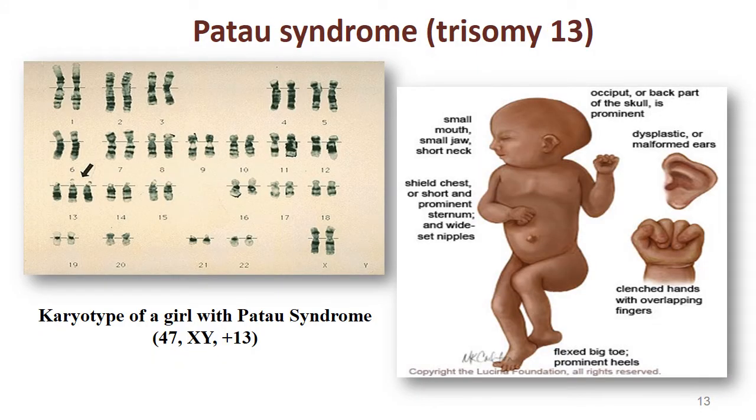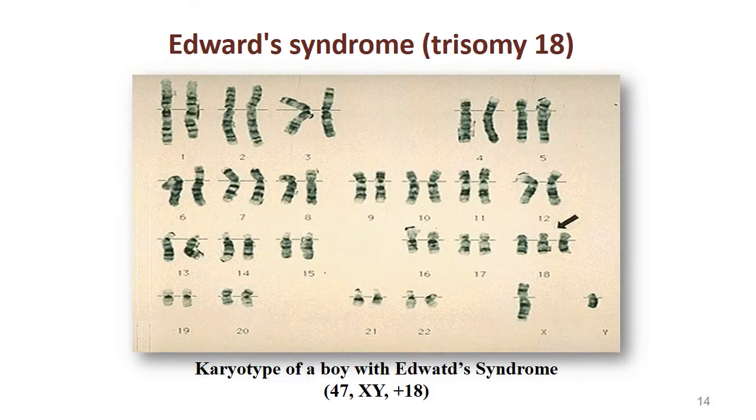Now, Patau syndrome or trisomy 13. You see the karyotype of a girl with Patau syndrome on the left and other manifestations of Patau syndrome. Edwards syndrome, trisomy 18. You see the karyotype of a boy with Edwards syndrome.